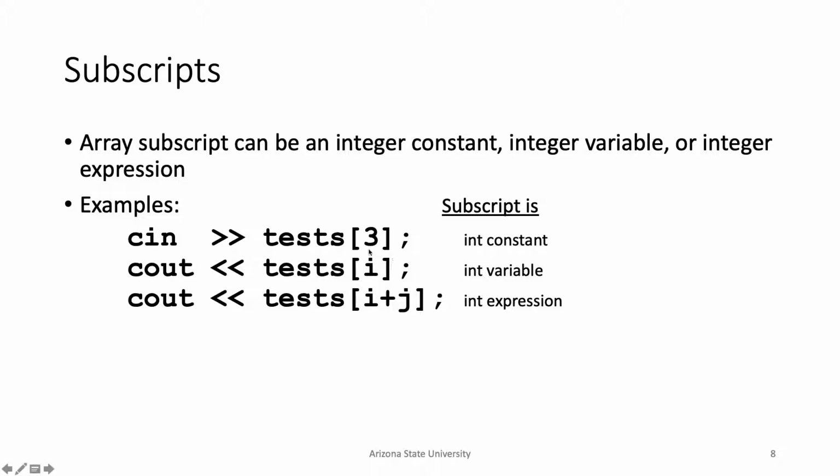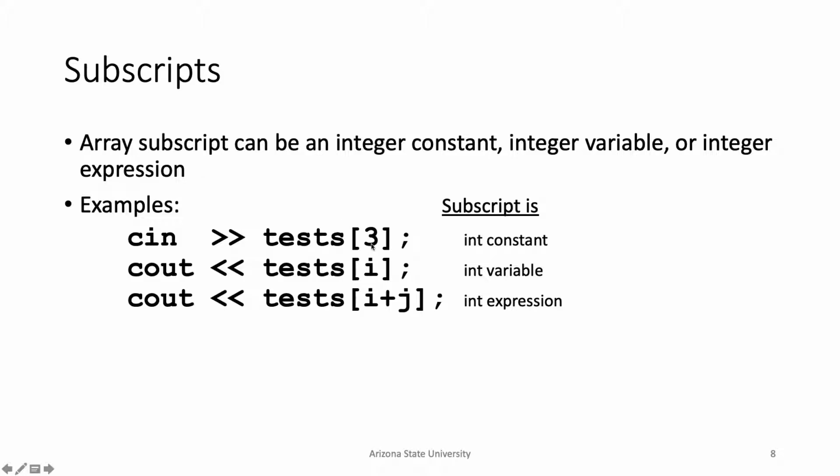I could have a variable here that depends on user input, and look up the value at tests of i. Or I can have two variables and look up tests of i plus j, for example. Or I could just have a particular index like 3.